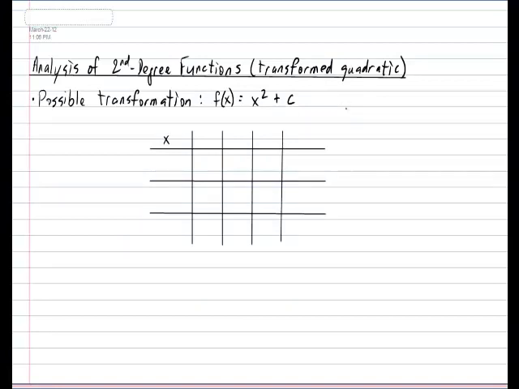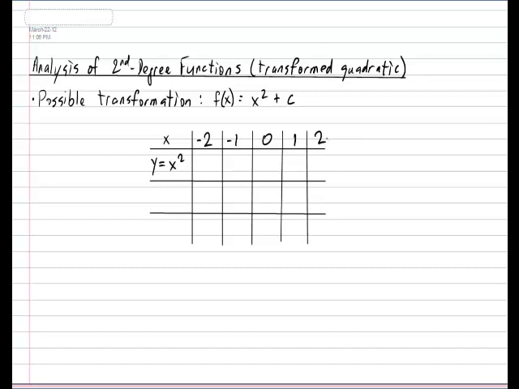Alright, now we're going to draw three parabolas. Let's start with the first one. As usual, we're going to always start with the basic one, which is y equals x squared. And we're going to use our usual x values, minus 2, minus 1, 0, 1, and 2.